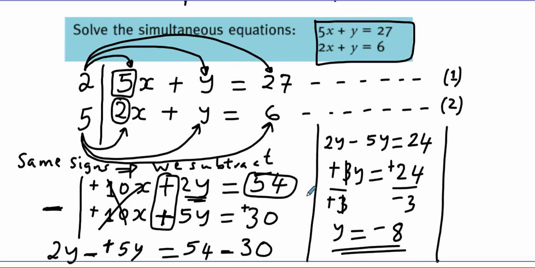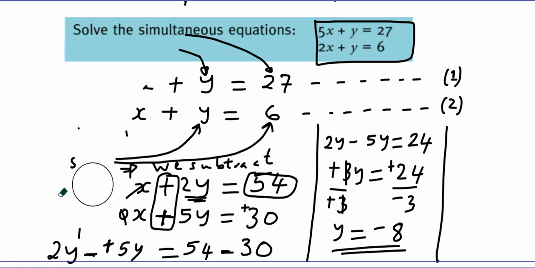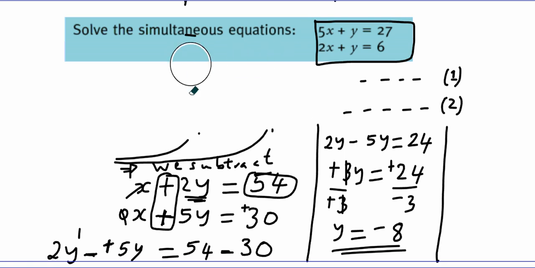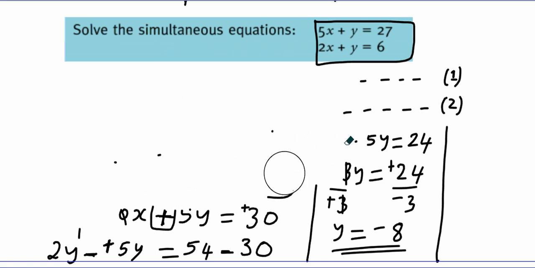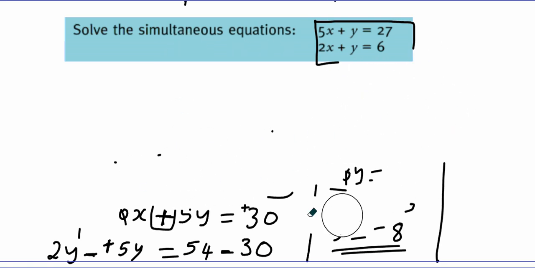Otherwise, let me now head over to how we find the value of x. There are two ways we can do it. Majority of students, when they reach here, substitute the value of y into any of those two equations.